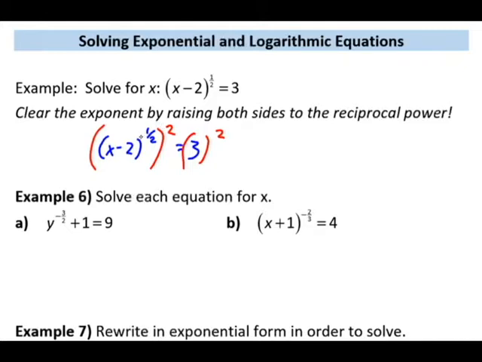Power to a power multiplies, so this eliminates the exponent. And then our equation becomes simple. When you look at example 6a, bear in mind that an exponent will not distribute over addition. We need to isolate the exponential term first. Go ahead and try these.